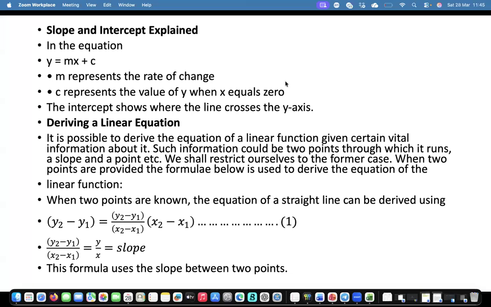So slope and intercept explained. In the equation, I said y is equal to mx plus c, and we are saying that y is a function of x. Therefore, m represents the rate of change, then the c represents the value of y when x equals 0. Do you get it?